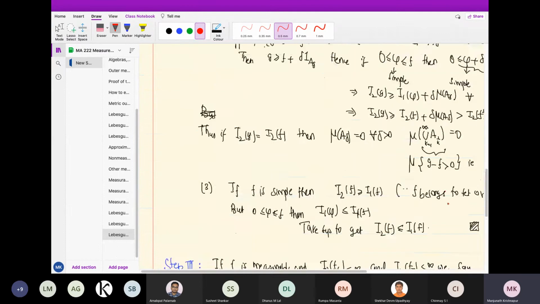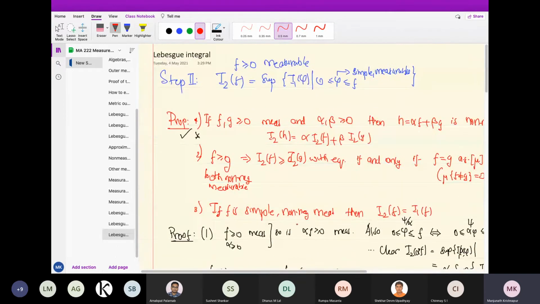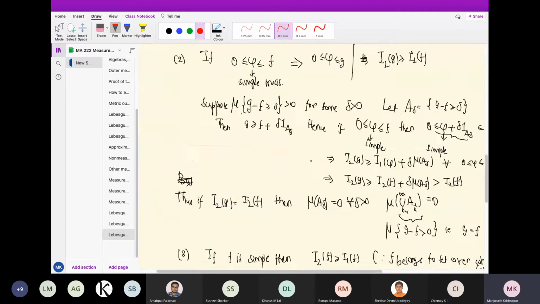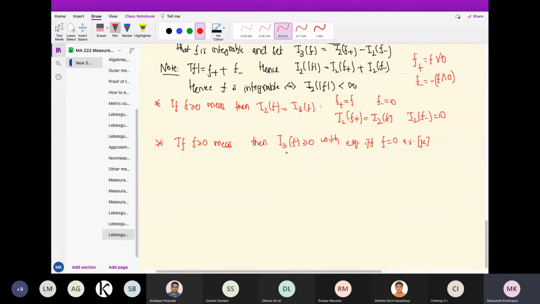See, this is nothing but a restatement of this. Or rather, use g is 0 and f is some non-negative measurable function. Then we had put it for I2, but now we know I2 and I3 agree on non-negative measurable functions. So this is the same thing for I3, that's all. I3 and I2 agree now. So I3 of f is greater than or equal to I3 of 0, which is 0, and that's it. So that's also trivial.